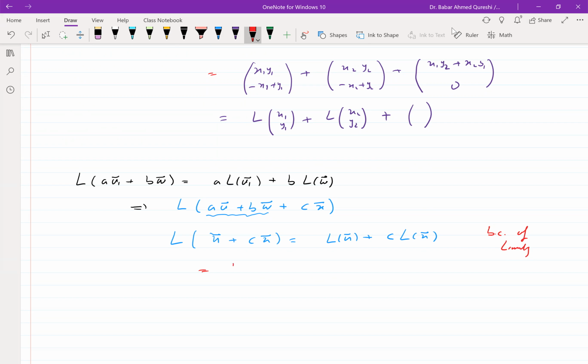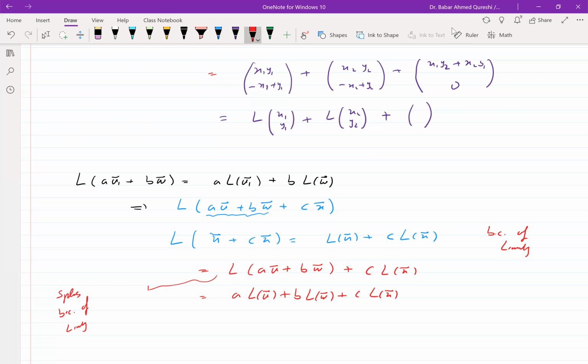But now I plug it back. So the U was this. And again, over here, it splits because of our definition of linearity. And there's this piece. So it splits on 3 and so on.